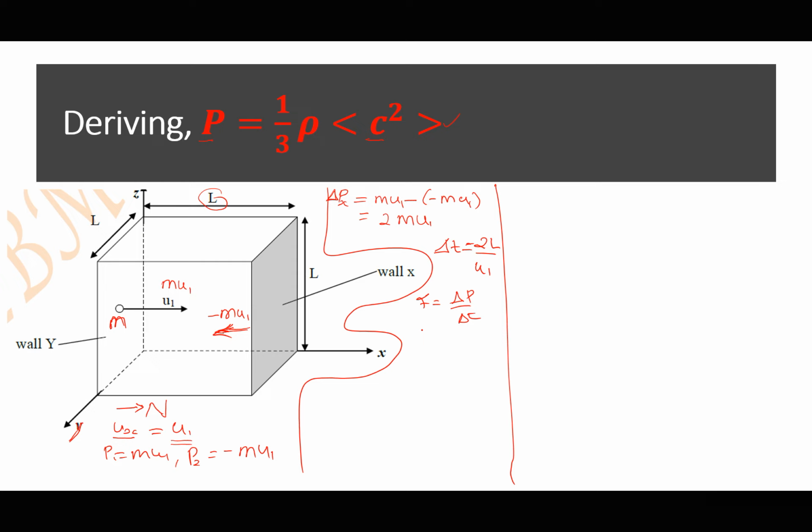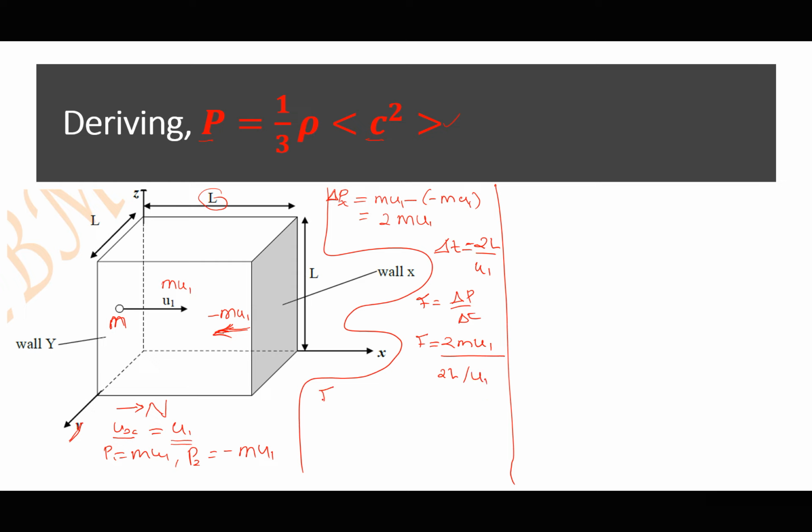So the change in momentum per unit time is therefore going to be the force. The force exerted on wall X is going to be twice m u1, which is the change in momentum, divided by time, which is twice L divided by u1.